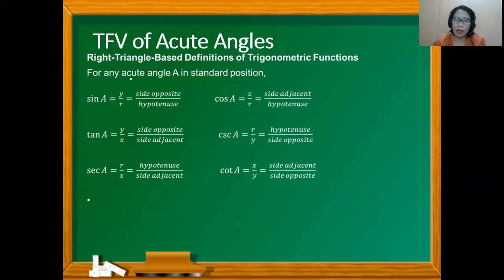Now, for any acute angle in standard position, these are the corresponding ratios of each trigonometric function. And this is basically derived, again, from a right triangle.